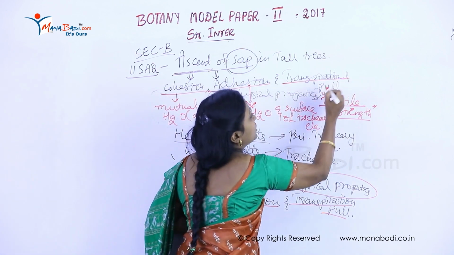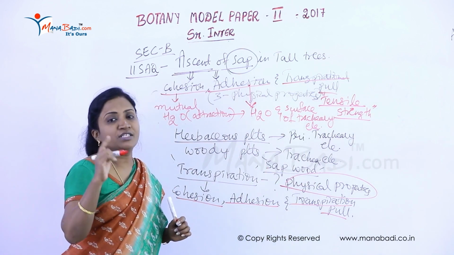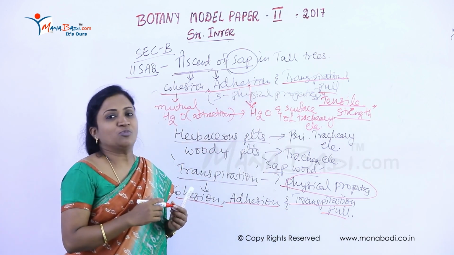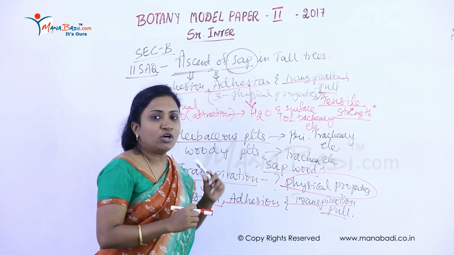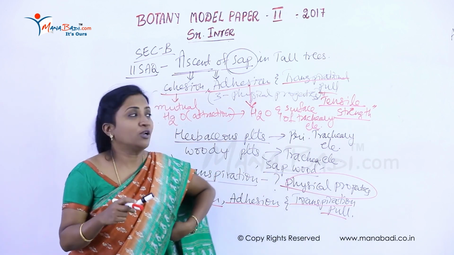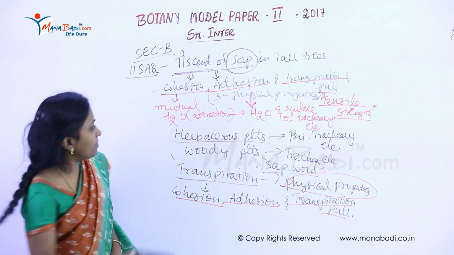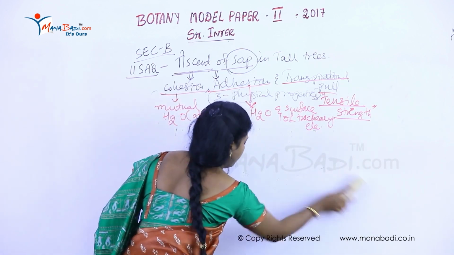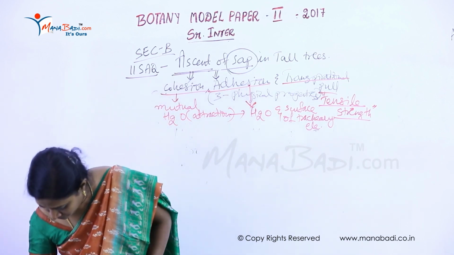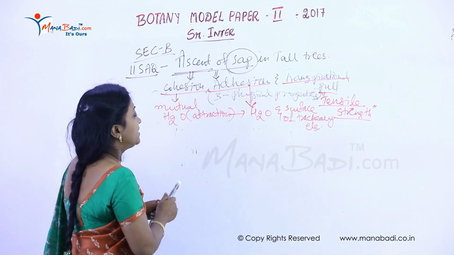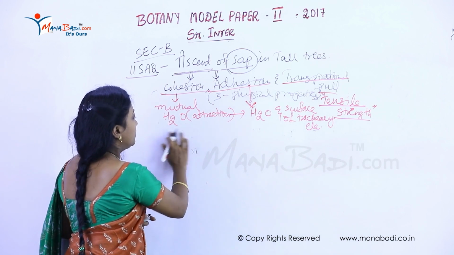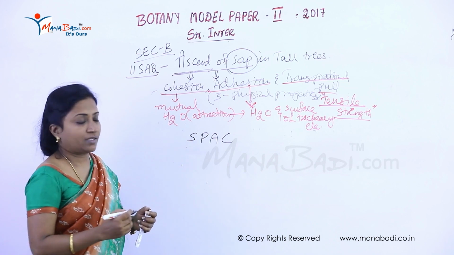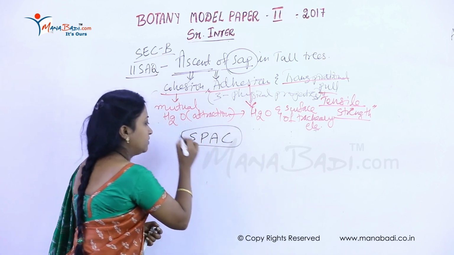Now coming to the third physical property, the transpiration pull. As I have told you the definition of transpiration pull, here we must be aware of SPAC.